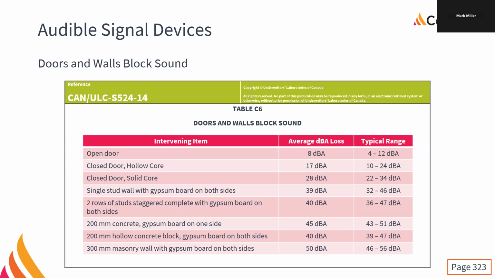Right? But if you look at here, an open door, we lose 8 decibels just because the door is only part of the wall. But if you look at a 12-inch masonry wall with gypsum board on both sides, we lose 50 decibels, right? Because that's 300 millimeters of masonry. It's going to absorb a lot of noise, especially when you put gypsum board on both sides, right?